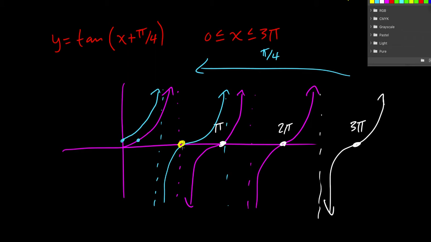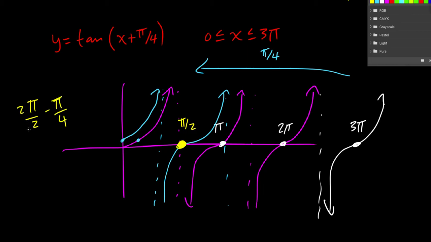So this asymptote, the purple one, on regular tangent is at pi halves. If we shift that to the left by pi fourths, we get pi halves minus pi fourths.